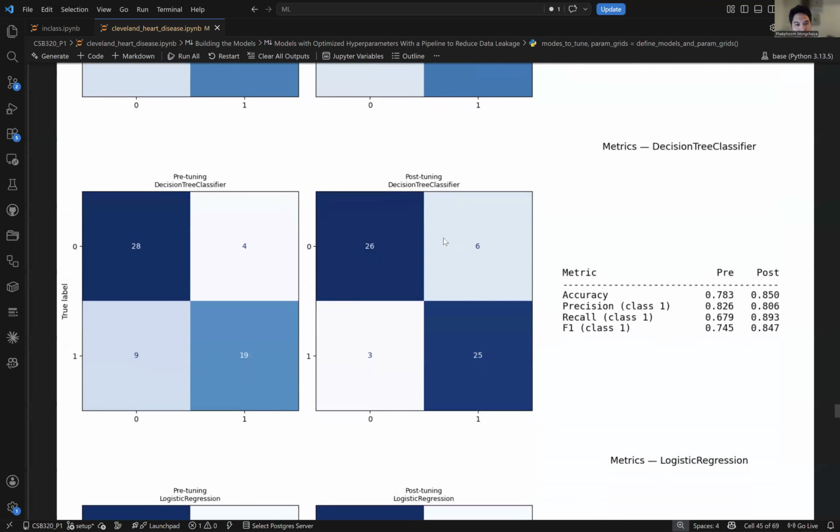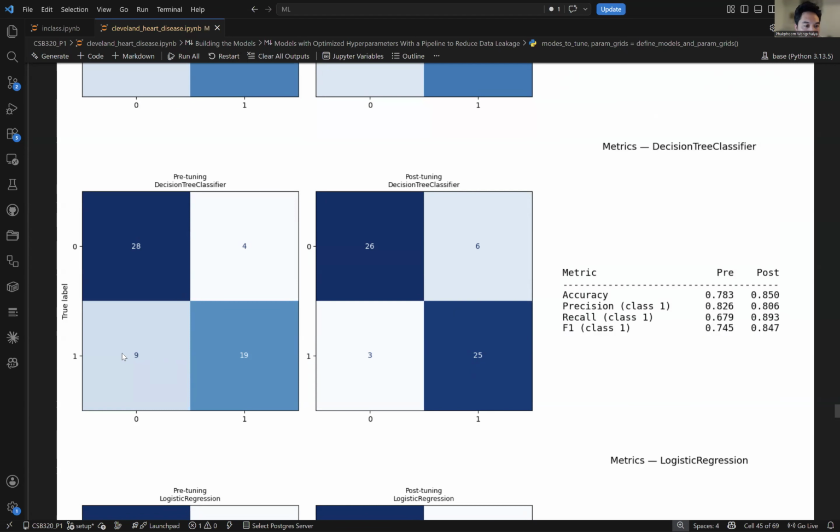The decision tree classifier did much, much better as opposed to its base parameters. As you can see here, this one gained the most from tuning parameters. So instead of having an unbounded tree, having not a very complex decision boundary increased its recall.